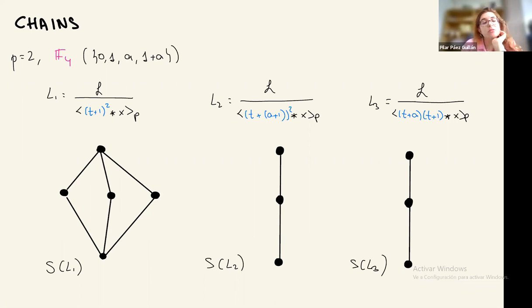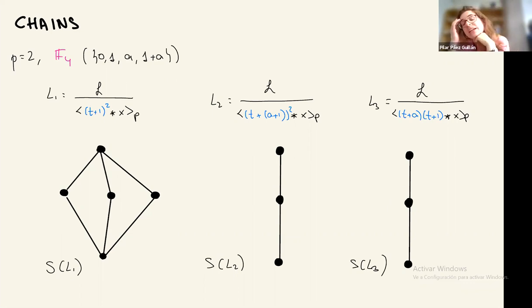Without much effort, one can check that the lattice of restricted subalgebras will be the diamond. So this is not distributive and it is clearly not a chain. But if I choose another skew polynomial, the one in the middle, t plus a plus 1, which is irreducible, and consider it to the square, now I do obtain a chain as a lattice.